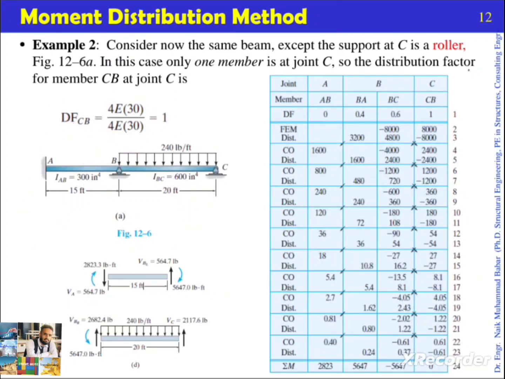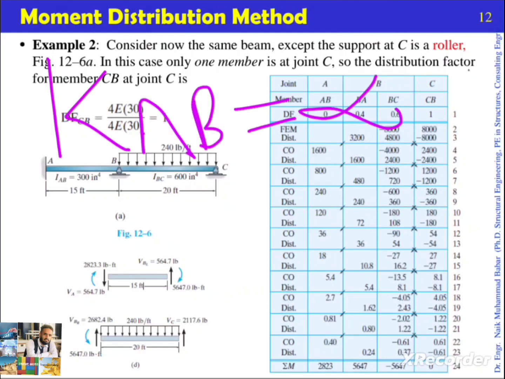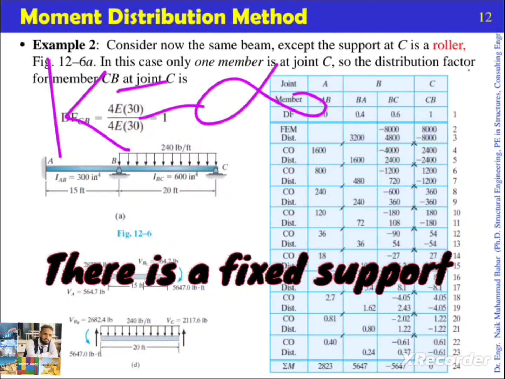First we will calculate the stiffness of AB. The stiffness of AB will be equal to infinity because the moment carrying capacity of A is infinite. So the distribution factor for AB will be equal to 0. Now we will find the stiffness for the BA span, meaning from the B side.